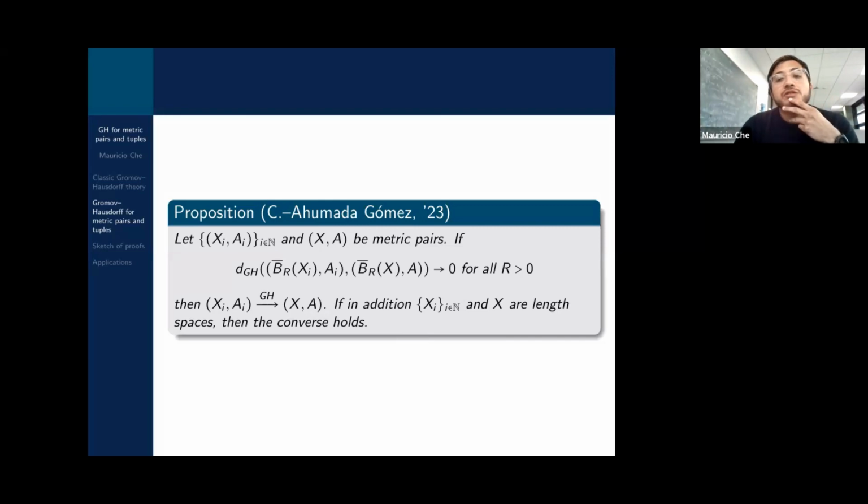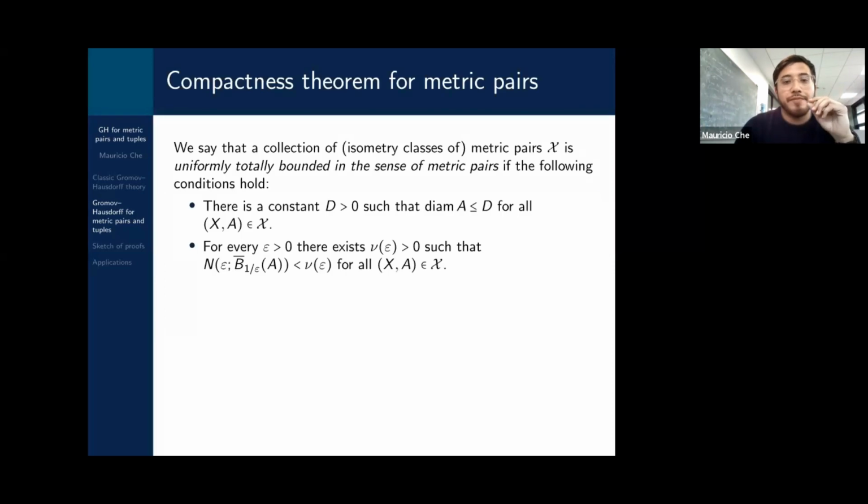And we also got pre-compactness theorems, or a compactness theorem, in this setting. In this case, the characterization of pre-compact classes of metric pairs needs us to define what a uniformly totally bounded class is in the sense of metric pairs.